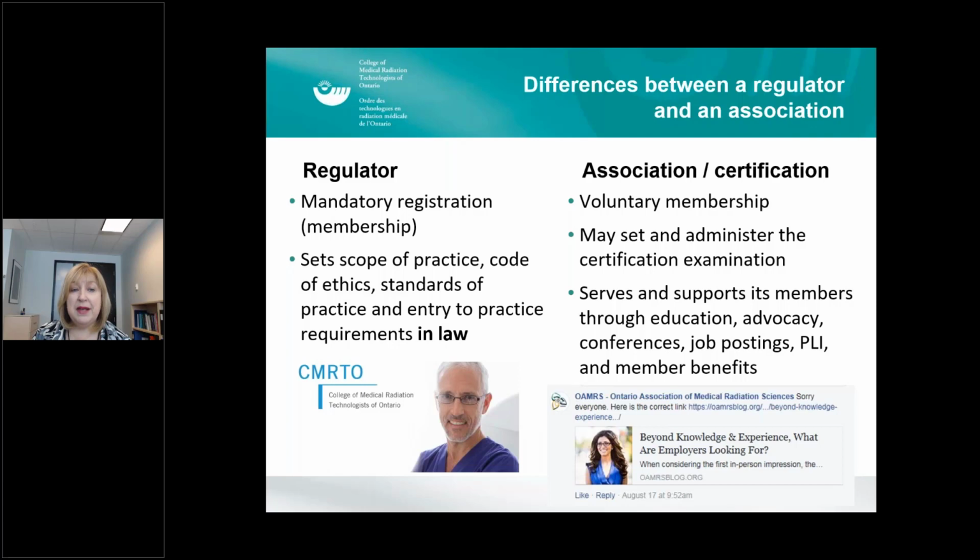So regulator is mandatory, and all our processes are established in law, whereas associations and certifications tend to be more voluntary. They can set and administer certification exams, and they support their members through education, advocacy, PLI, job postings, those kinds of things. So you see, that's why we're separate, because there's a fundamental conflict of interest between those two roles.